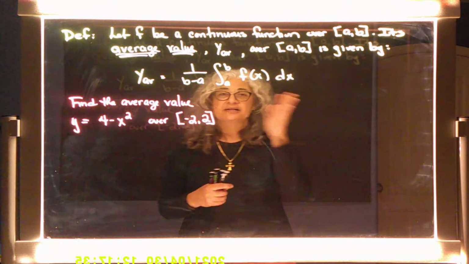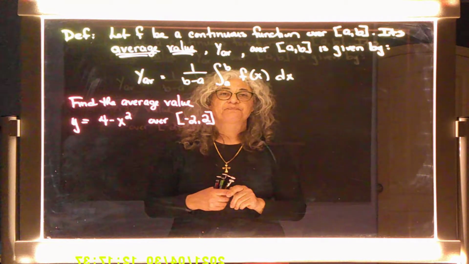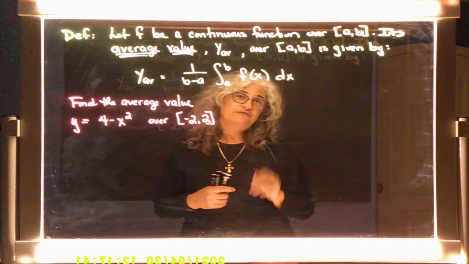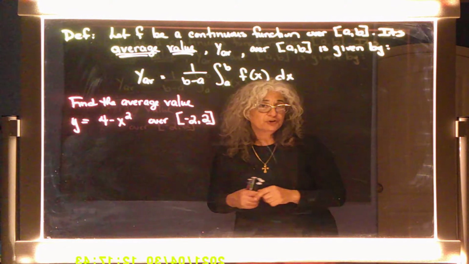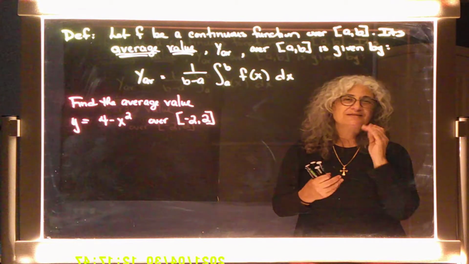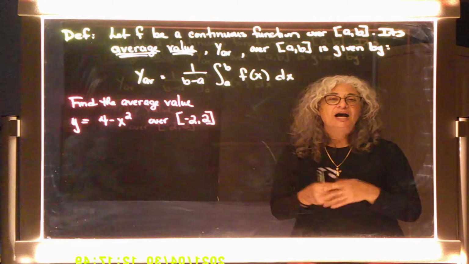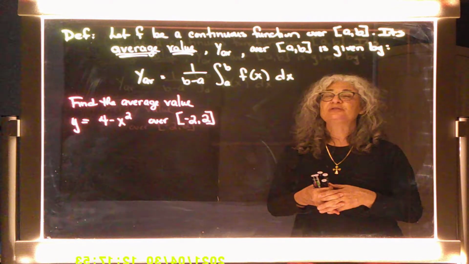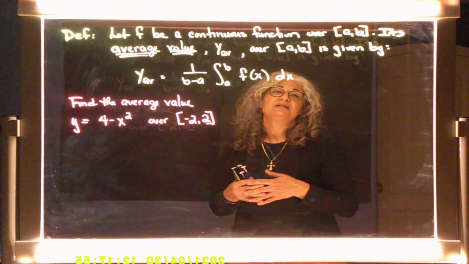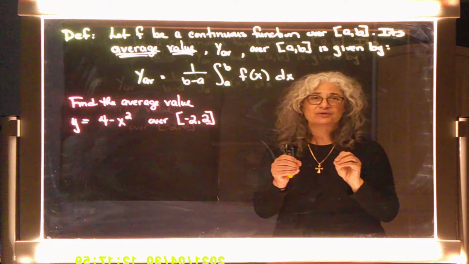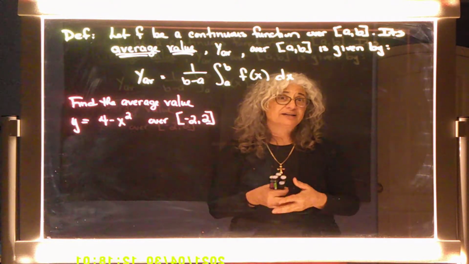So the larger x minus the smaller x, multiplied by the integral from a to b of the function itself. Good? So you know when we average things together, you add things up and you divide by how many you added up, right? So if you think about this definition, b minus a kind of gives you that number of items that you're adding up, right?